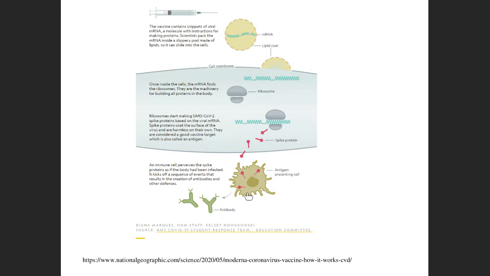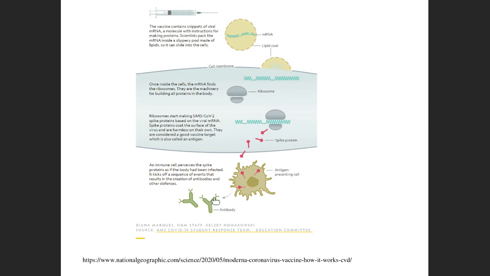Once the spike protein is produced, it can be taken up by macrophages or by B cells. The B cells are then activated, and you have long-term memory cells and plasma cells that produce antibodies.